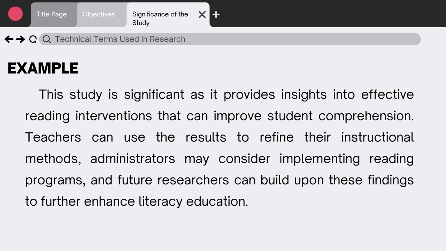So the teachers, the students, the future researchers, and administrators can benefit in this study. Other studies put their significance of the study in bullet form. So it can be that way or it can be in paragraph form, as long as it answers who will benefit the study.